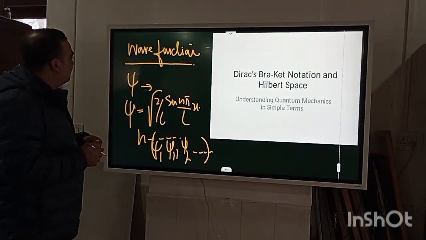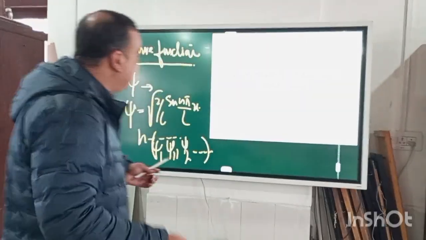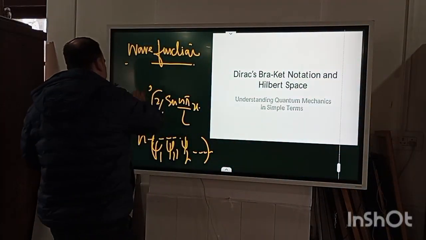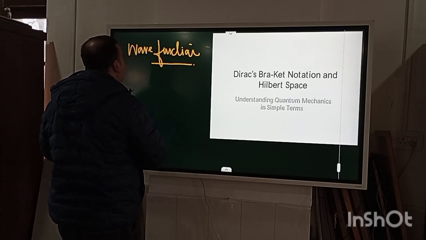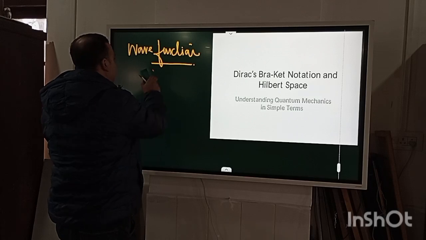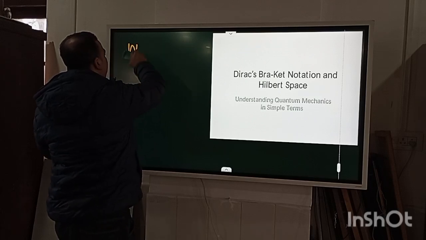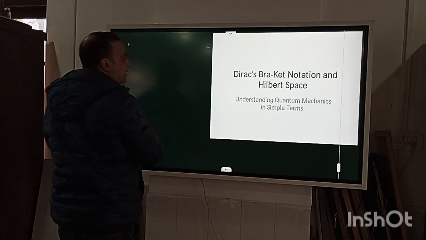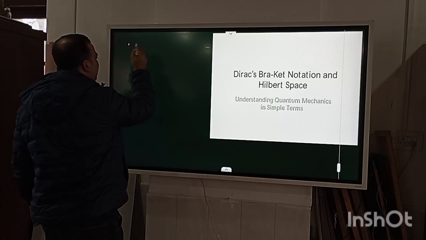In Dirac notation we have two important symbols, and these symbols carry the information that a wave function carries in Schrodinger's picture. So we have a ket, and how do we represent a ket?